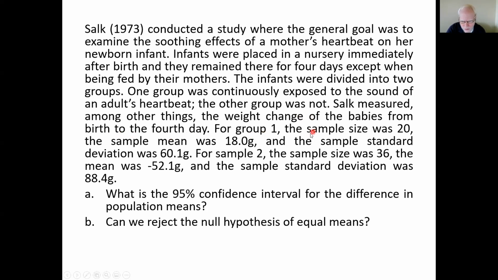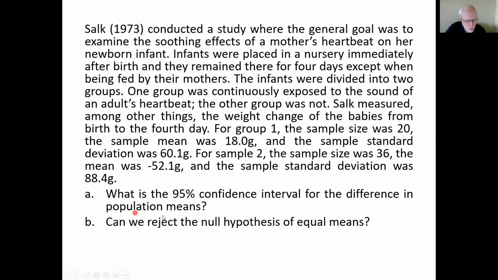For group 1, the sample size was 20, the sample mean was 18.0 grams, and the sample standard deviation was 60.1 grams. For sample 2, the sample size was 36, the mean was negative 52.1 grams, and the sample standard deviation was 88.4 grams.